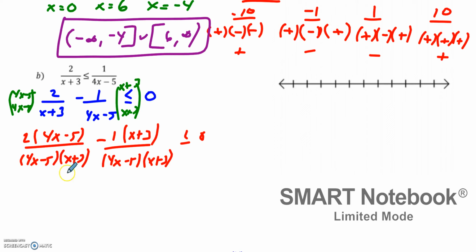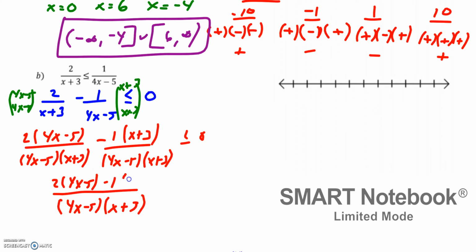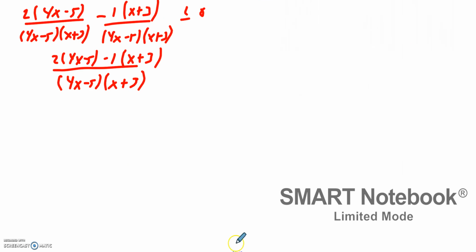I am not going to get rid of my denominator because my denominator has value, because it gives critical numbers. So if I push these two fractions together, and I can because they have the same denominator, the numerator becomes 2 times 4x minus 5 minus 1 times x plus 3, which, if reduced, is 8x minus 10.